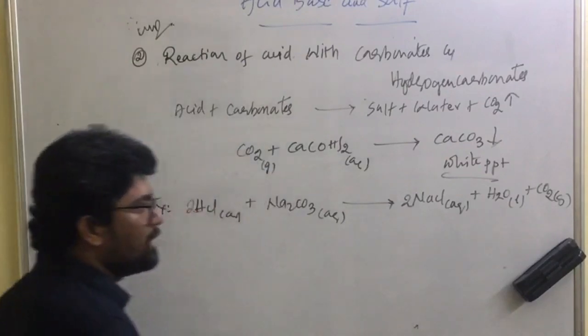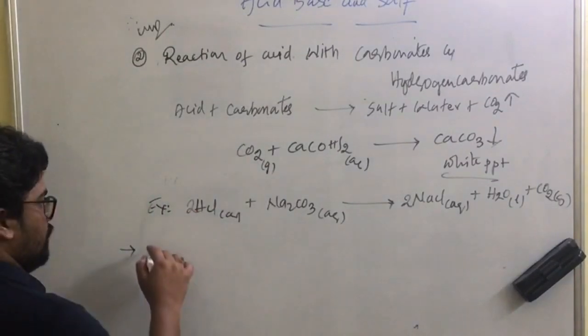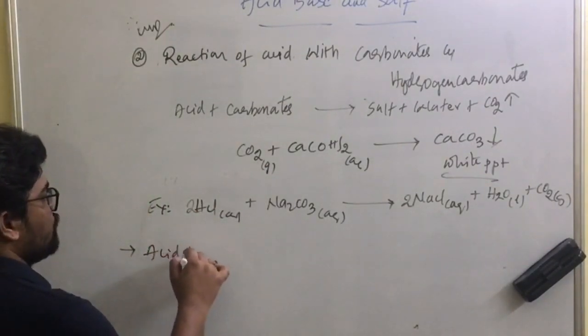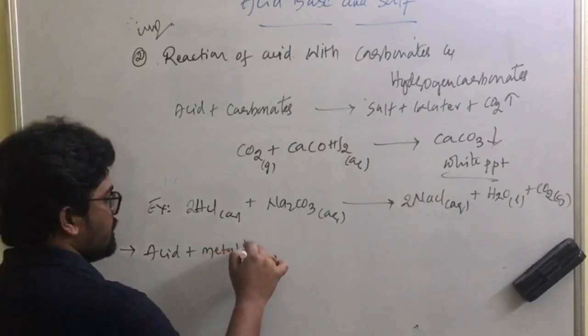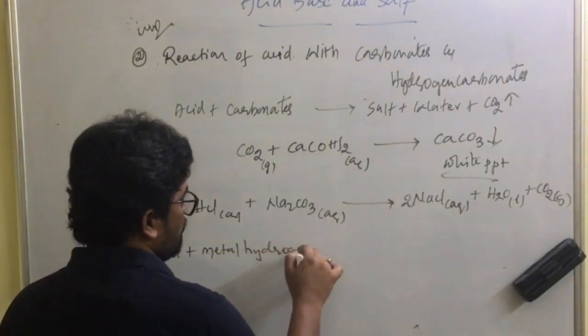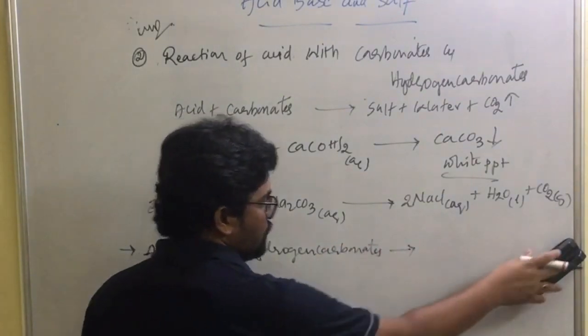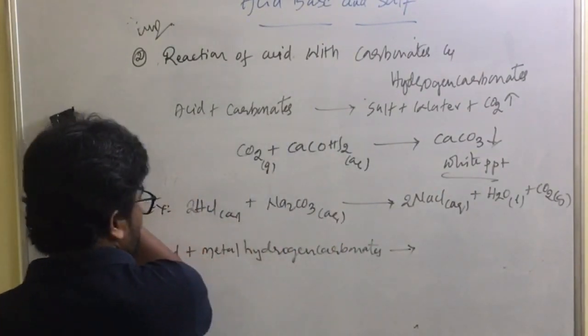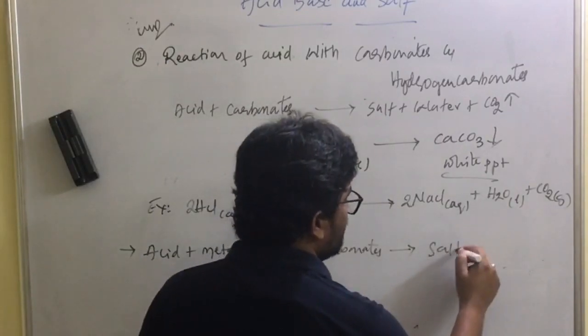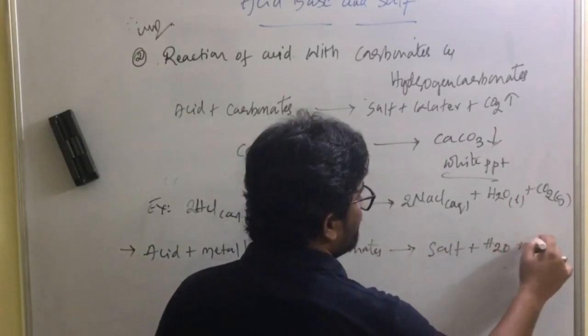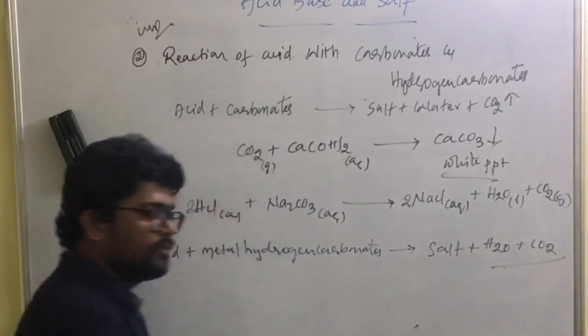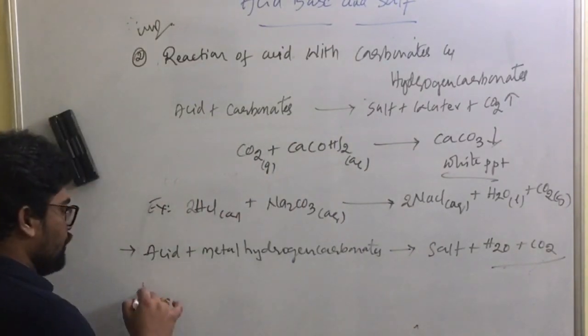Now what happens when acid reacts with metal hydrogen carbonates? Yes, the same compounds: salt plus water plus carbon dioxide. The chemical equation I'll put down here.